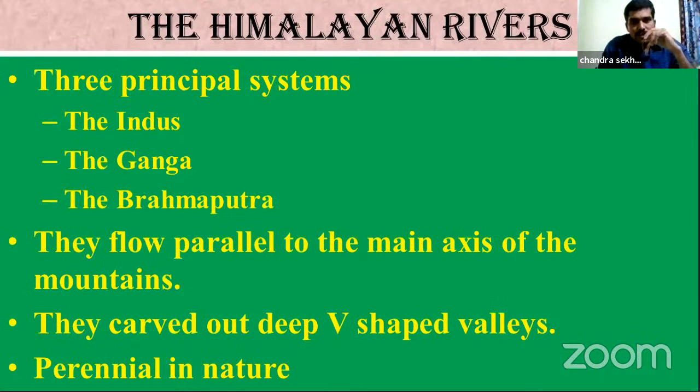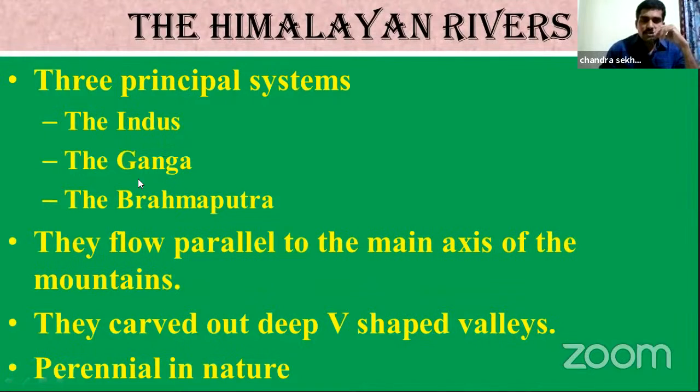So here in depth, if we discuss about the Himalayan rivers, three principal systems are there in Himalayan rivers. First one is the Indus River, the second one is the Ganga River system, third one is the Brahmaputra River system. So these are the most important river systems in Himalayan rivers.